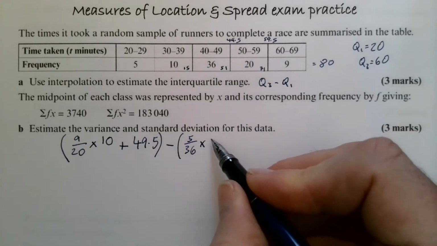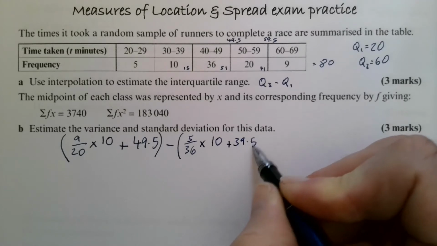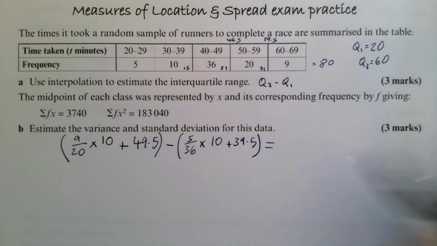Again, it's a 10 wide thing, and we're starting from 39.5 there. Whack that all into the calculator.